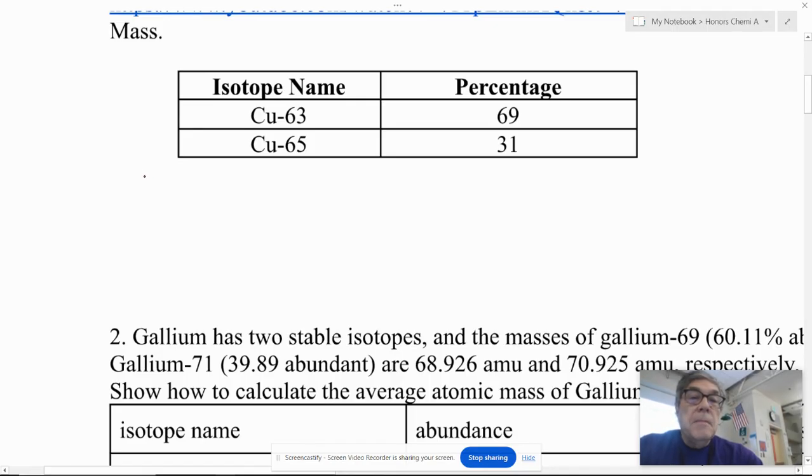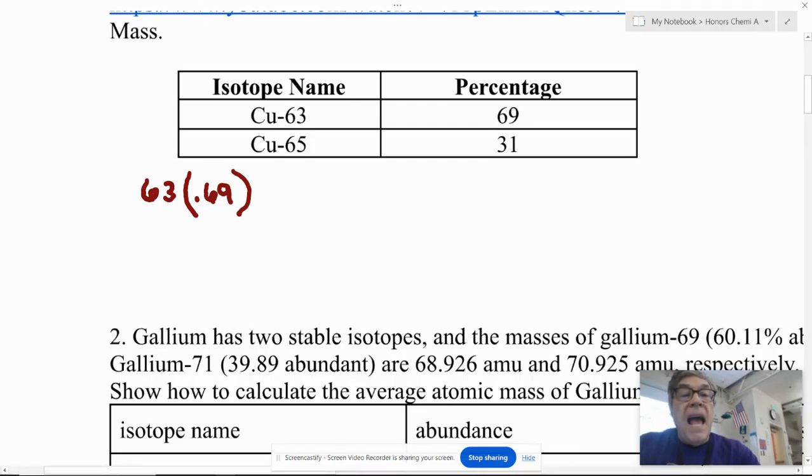I usually take the mass, like 63 atomic mass units, times the percentage, 0.69. Now you notice there, I've already divided by 100, and that's just a little bit of a shortcut for you.